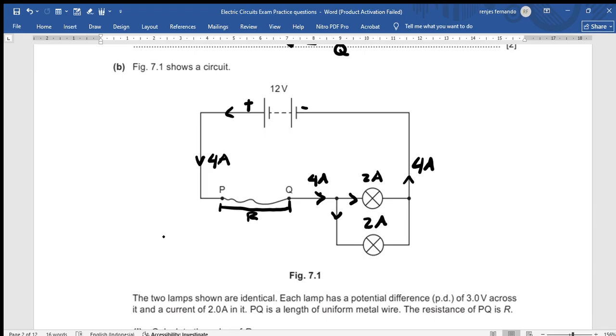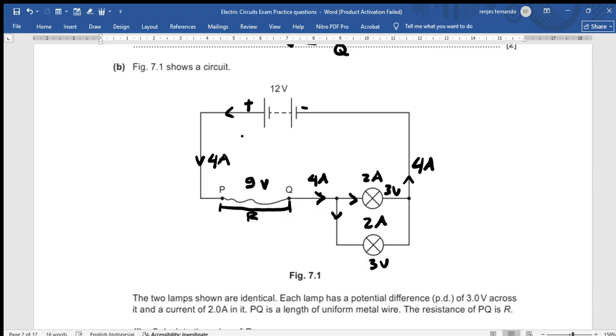As we know, in parallel the voltage is the same, so this one is 3 volt, this one is also 3 volt. The battery is 12 volt, 12 minus 3 is 9, so this one is 9 volt.